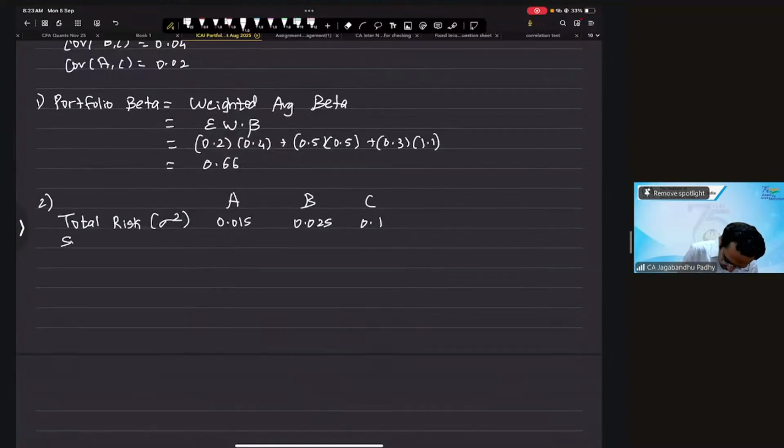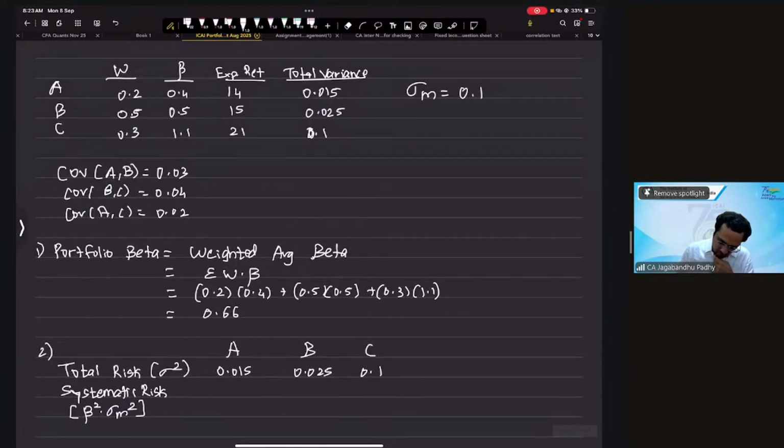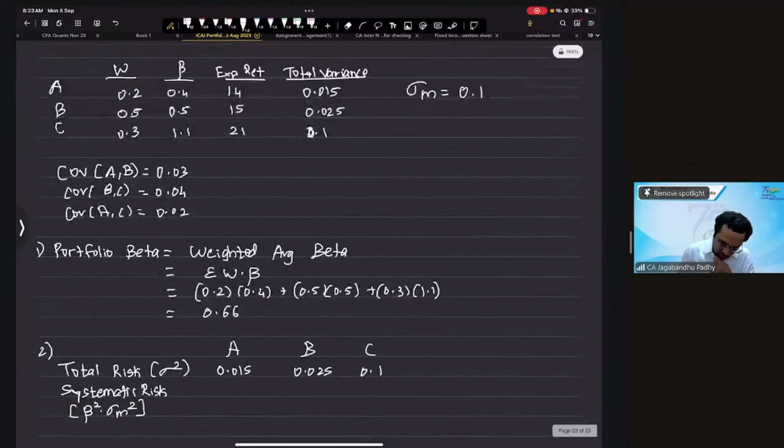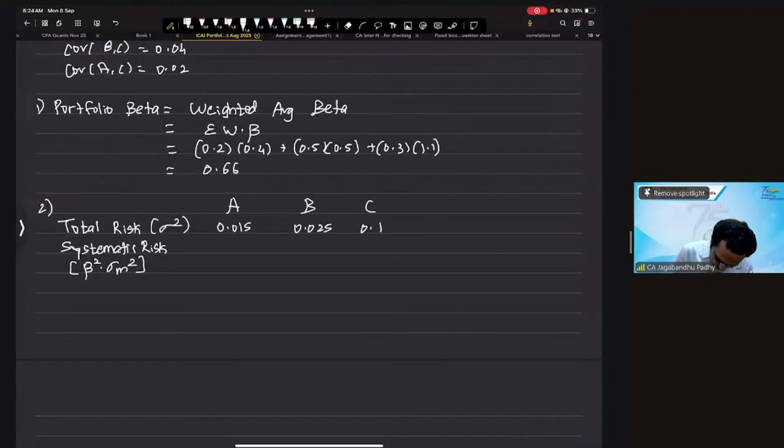Now from that we are going to subtract the systematic risk. So systematic risk is beta square into variance of market, right? So we have the beta values as 0.4 square and variance of market is 0.1. So this is going to be 0.4 square into 0.1.